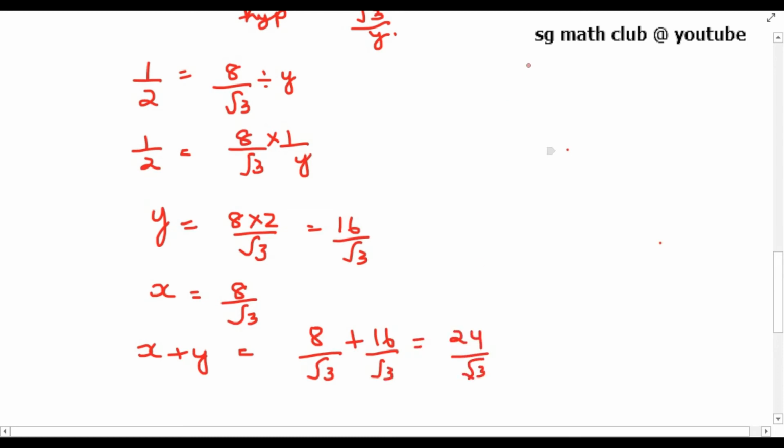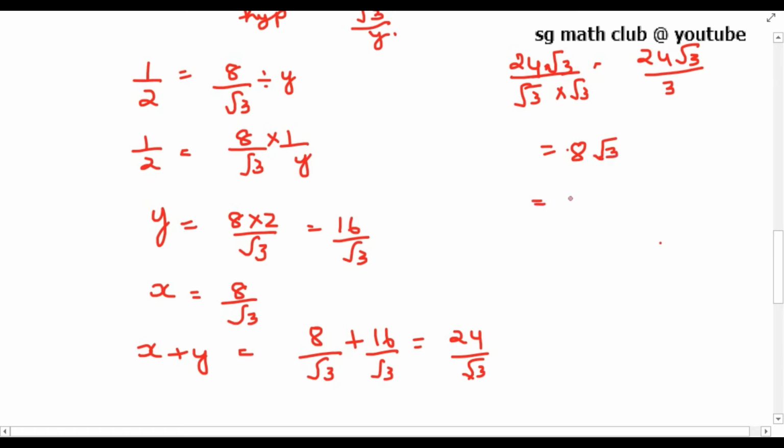We can simplify this. To rationalize 24 by root 3, multiply by root 3 into root 3, which gives 24 root 3 by 3, that is equal to 8 root 3.